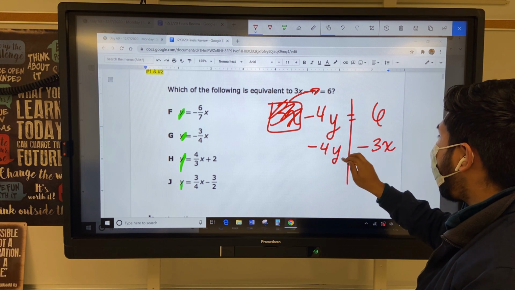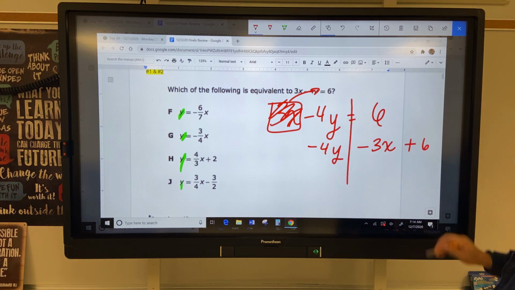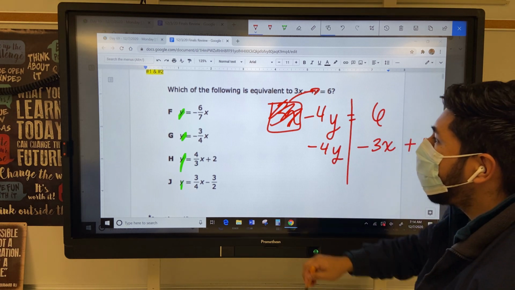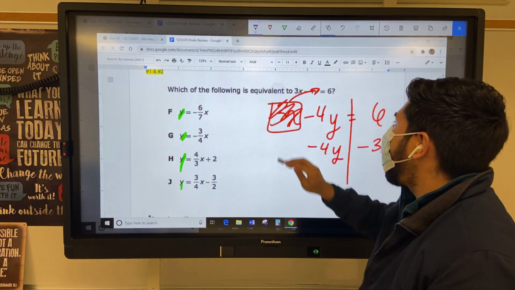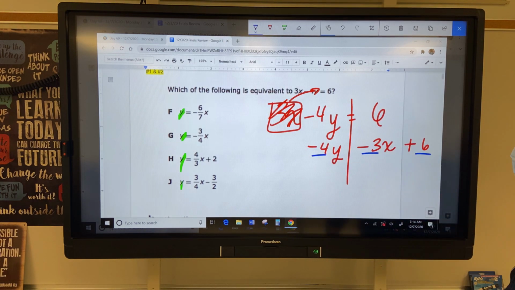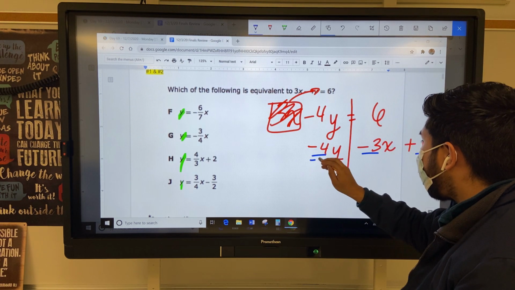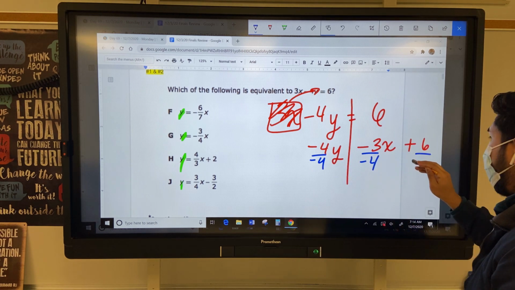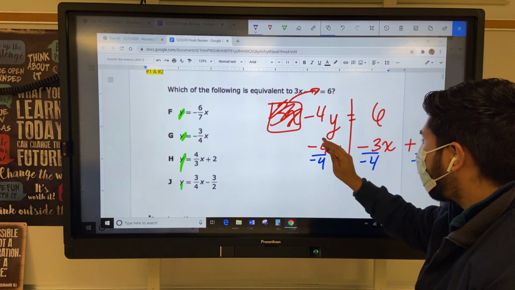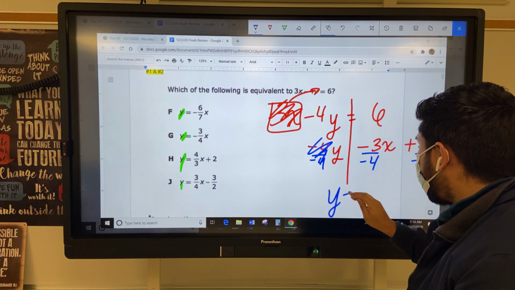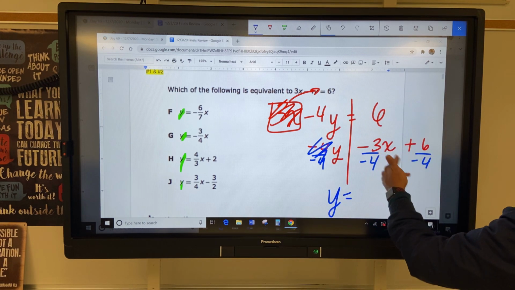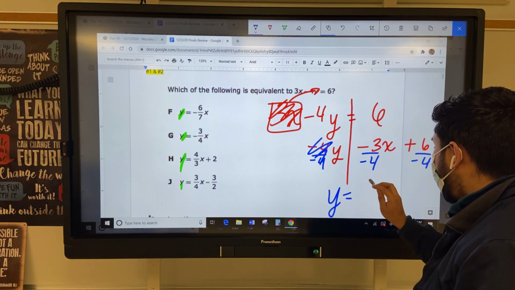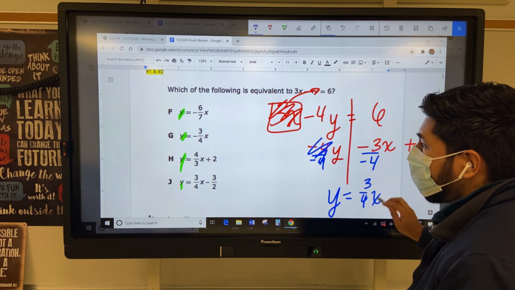Negative 4y equals negative 3x plus 6 because it's positive. After that, I need to divide to get this y by itself. So negative 4, negative 4, negative 4. Got my y equals. Calculator, negative 3 over negative 4, positive 3 over 4x.